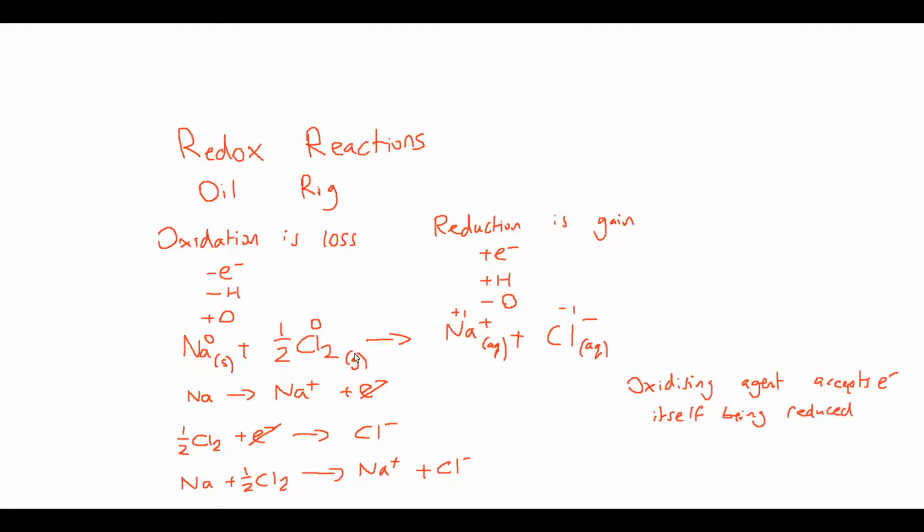So which species has accepted electrons, being reduced itself? Well, chlorine has, because it's accepted an electron going from Cl in the 0 oxidation state to Cl in the -1 oxidation state. And we can see from our half equation that it accepted 1 electron. So chlorine, or in our case, half a chlorine, is our oxidizing agent.